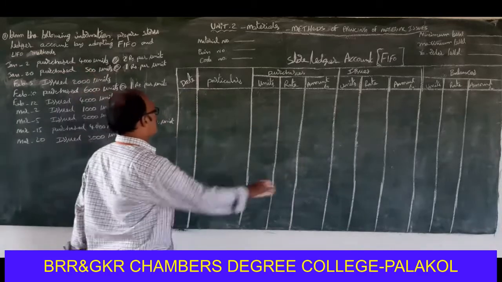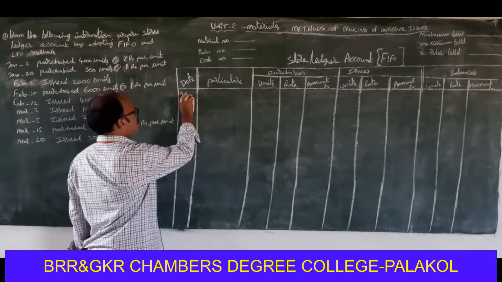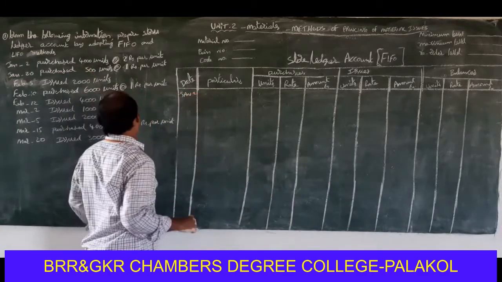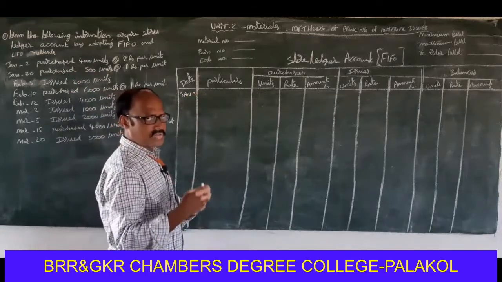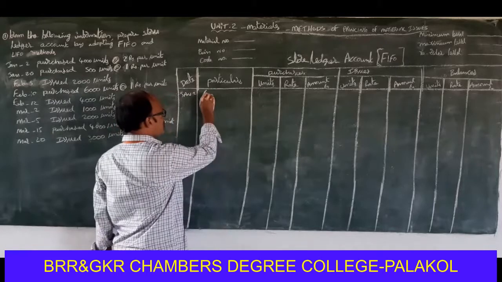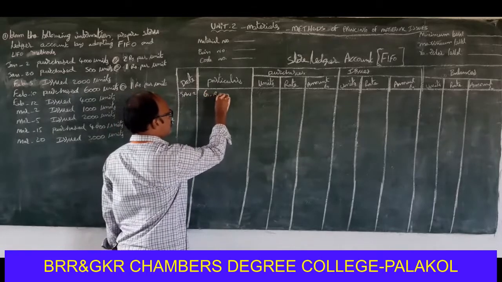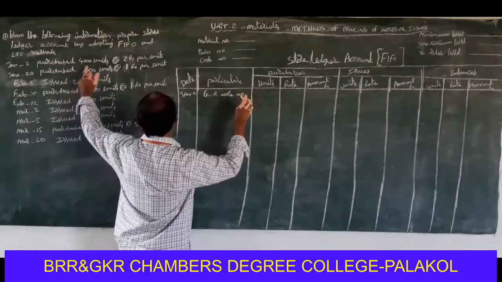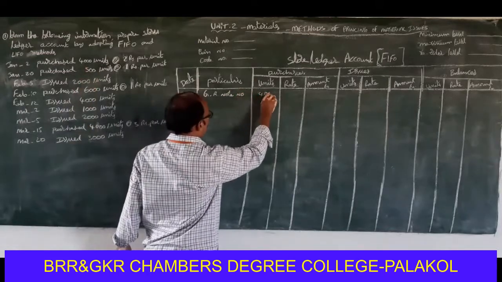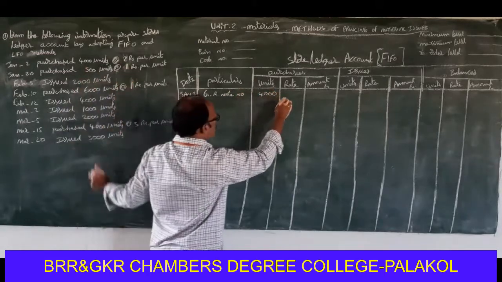Here January 2nd, purchased 4,000 units. That means goods received note number, the GR note number. How many units purchased? 4,000 units at the rate of rupees 2 per unit.